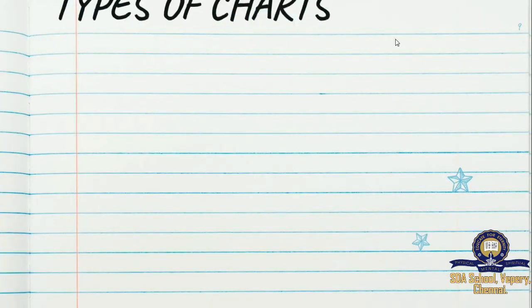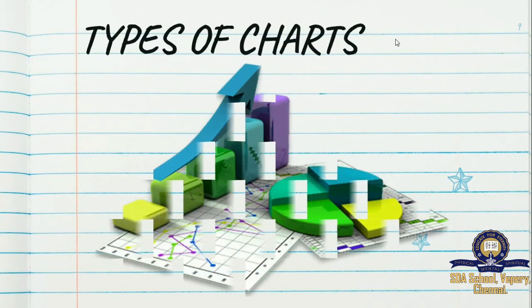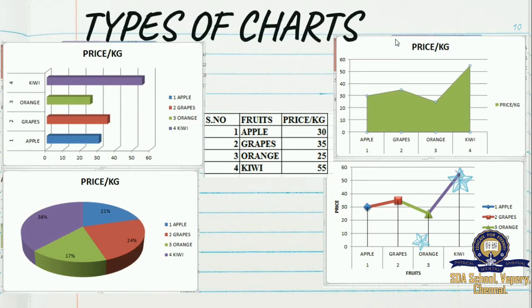Now we are going to see the types of chart. How many types do we have in total? There are 5 types of chart in this chapter. One is the column chart, another is the bar chart. Bar chart or column chart looks either horizontal or vertical.